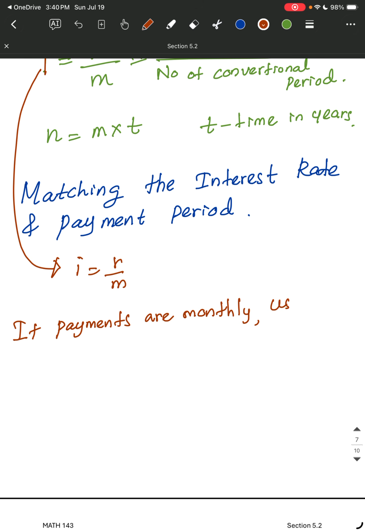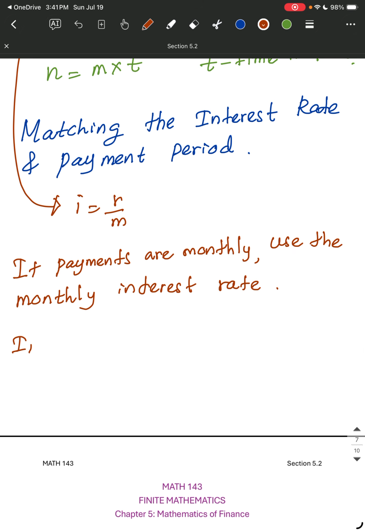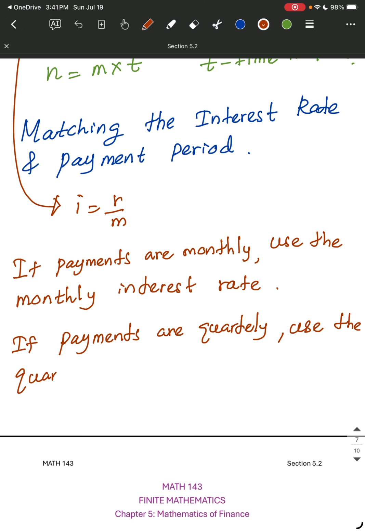If payments are quarterly, use the quarterly interest rates. Okay, let's see the example, how to get the monthly, quarterly, or the interest rate per period.